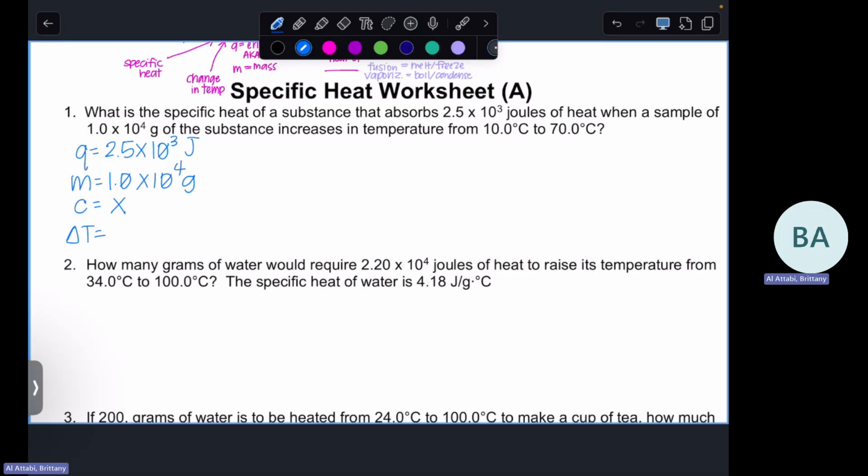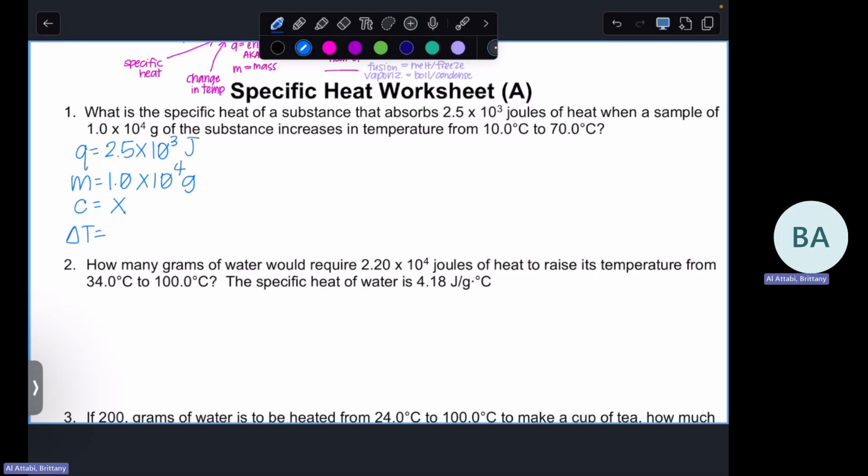What number do I put for delta T? I'm hearing so many numbers. I'm hearing 60 or negative 60. It's not negative 60. It's going to be 60.